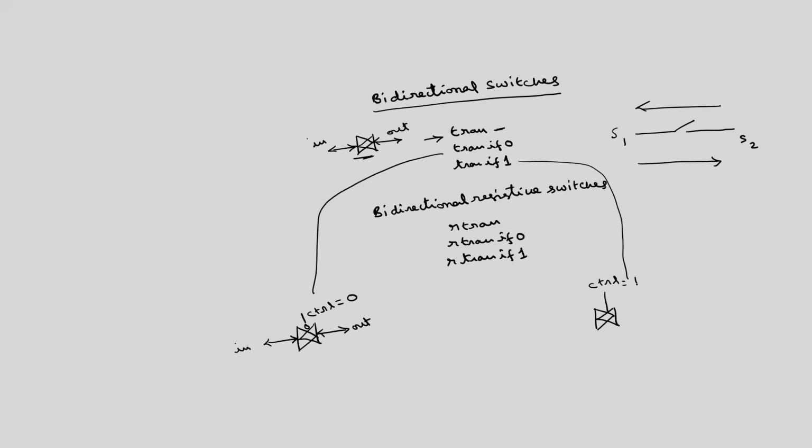If the control signal is 1, then there will be a data transfer, otherwise this switch will be open circuited. Instead of open circuit and short circuit, if you have resistance, then we use R tran if 0, R tran if 1. So, there are some 6 primitives related to bidirectional switches.